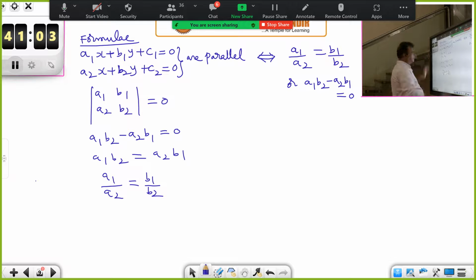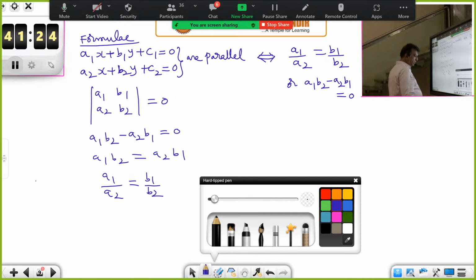Same condition only, is it not? So the 2 by 2 determinant of the x coefficients and y coefficients, not taking the constant, equal to 0 is the condition for two lines to be parallel.